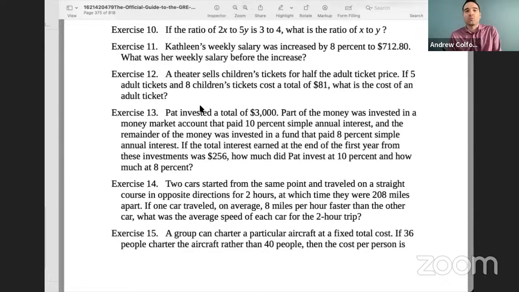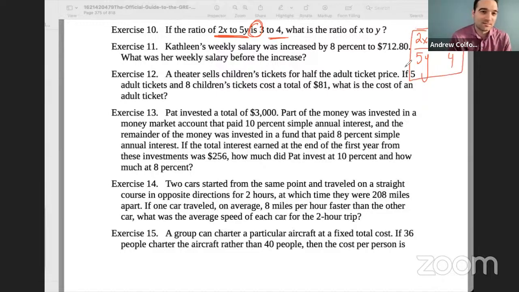So when we say that the ratio of 2x to 5y is 3 to 4, Laru, are you comfortable with me writing 2x over 5y equals 3 over 4? Does that make sense?